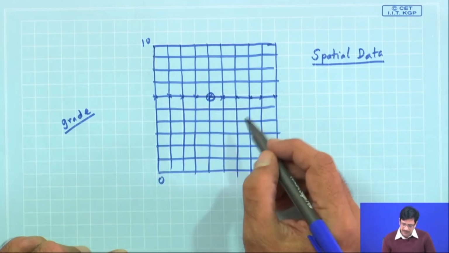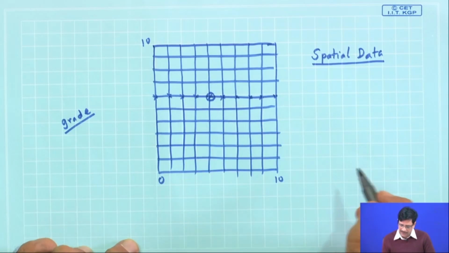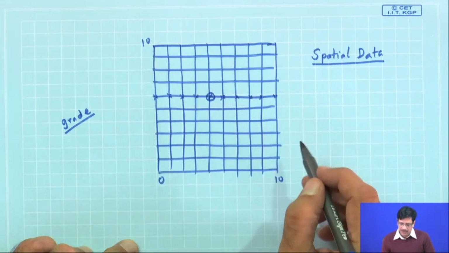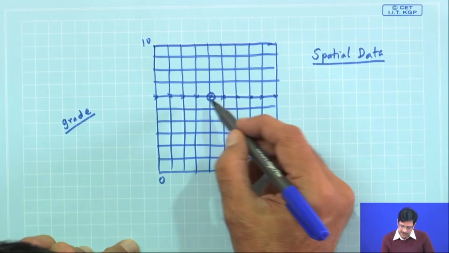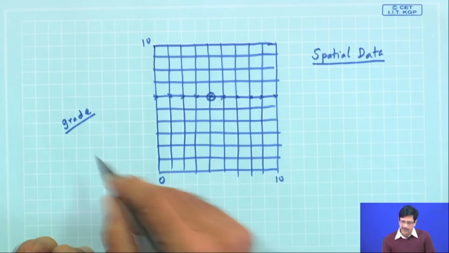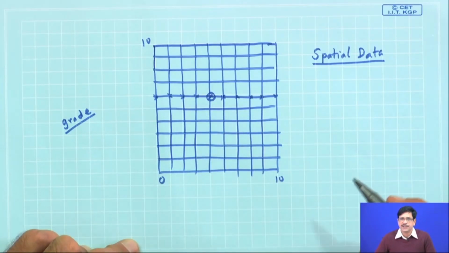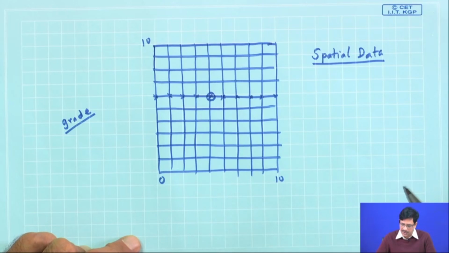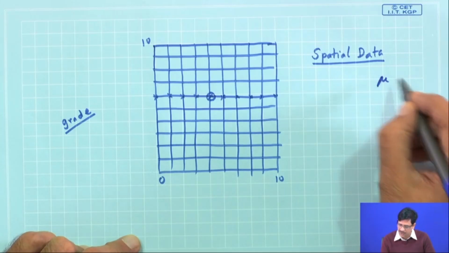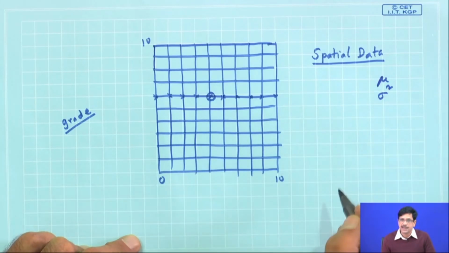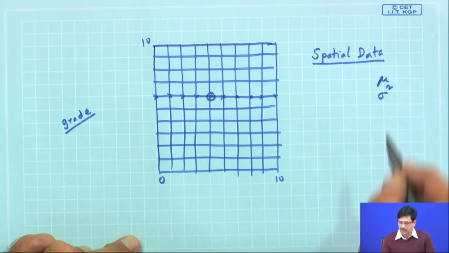So, had it been a random variable, then it would have been totally independent. Any of the values which are spatially close would have been independent of the value measured here, and the behavior of that variable would have been easily depicted using some kind of statistical distribution, taking the very simple example of a normal distribution, where we represent its characteristics by its mean, mu, and the variance, sigma square, and we know the formulas for calculation.